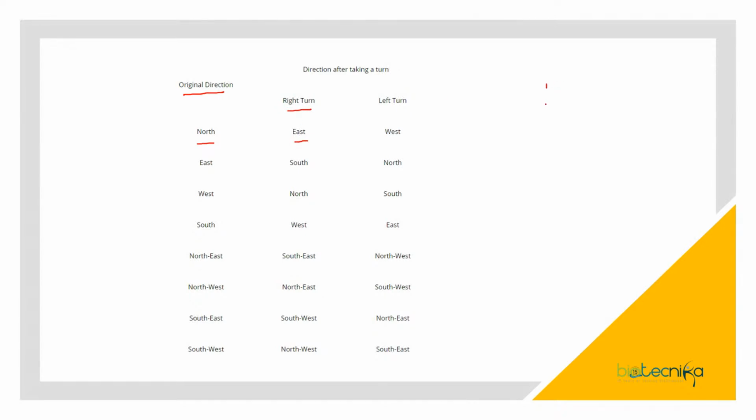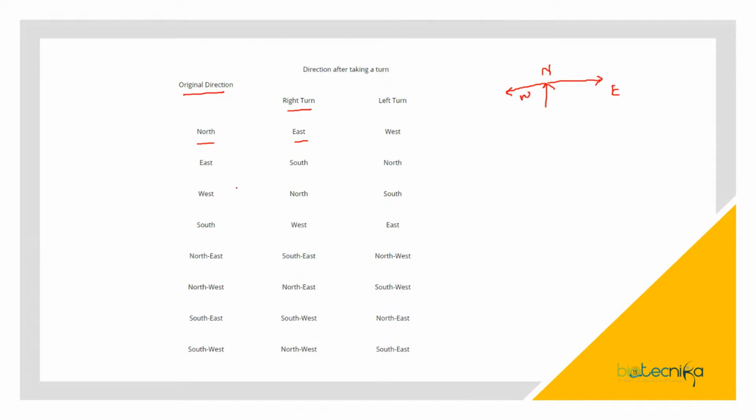That means if he is facing towards north, and he or she has to take a right turn, then this will be the right turn towards east. And if he or she wants to take a left turn, then this will be the left turn towards west, right?